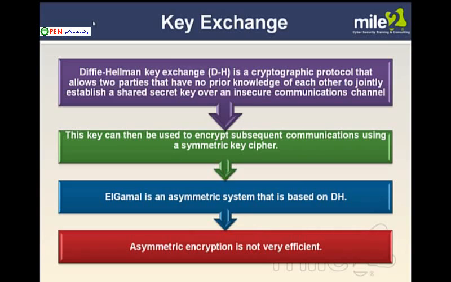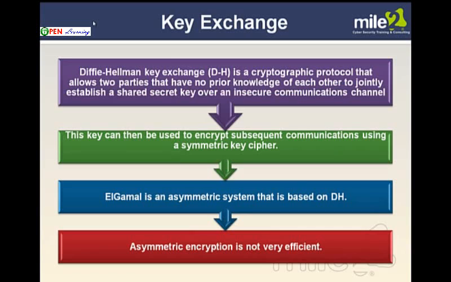Diffie-Hellman was known for being a key exchange algorithm, and even if the two parties that were communicating had never had contact before, they could still take care of establishing a shared secret key over insecure communications. It really wasn't a problem. And so this key can then be used to encrypt communications using a symmetric key cipher. So the Diffie-Hellman took care of the key distribution problem.